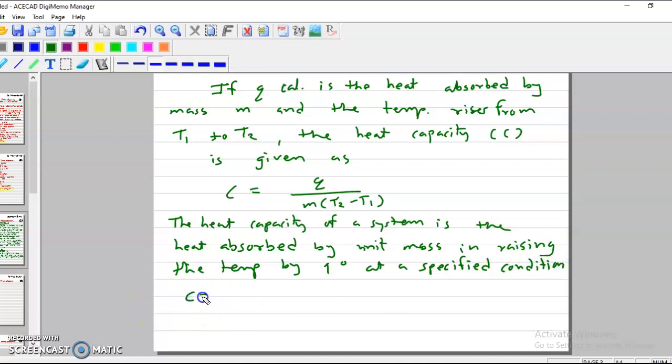So C is equal to Q upon T2 minus T1 if m is equal to 1, or Q upon delta T, and this is known as molar heat capacity. Okay, it is called molar heat capacity.